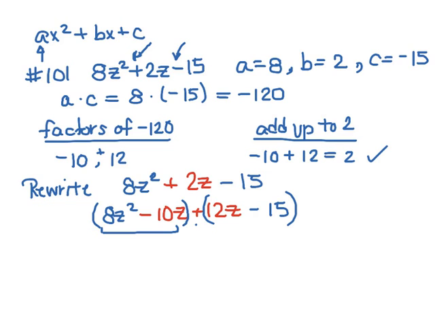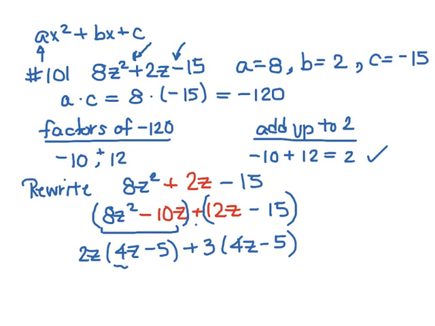I can factor out a 2z. And I'm left with 4z minus 5. And out of my second group, I can factor out a 3. And I'm left with 4z minus 5.